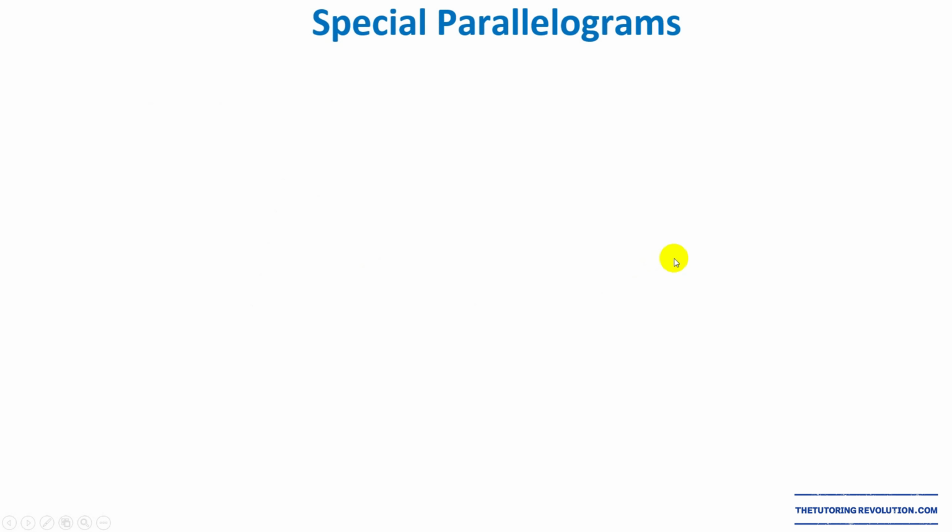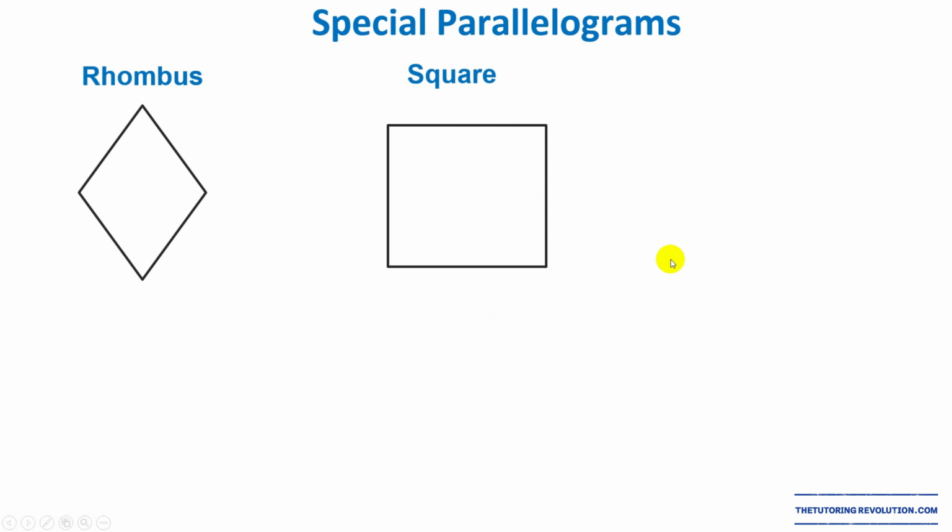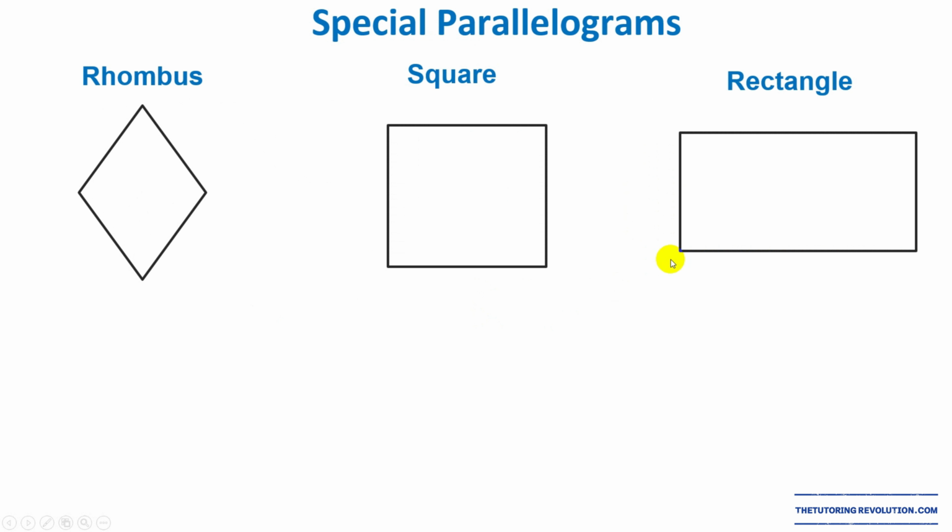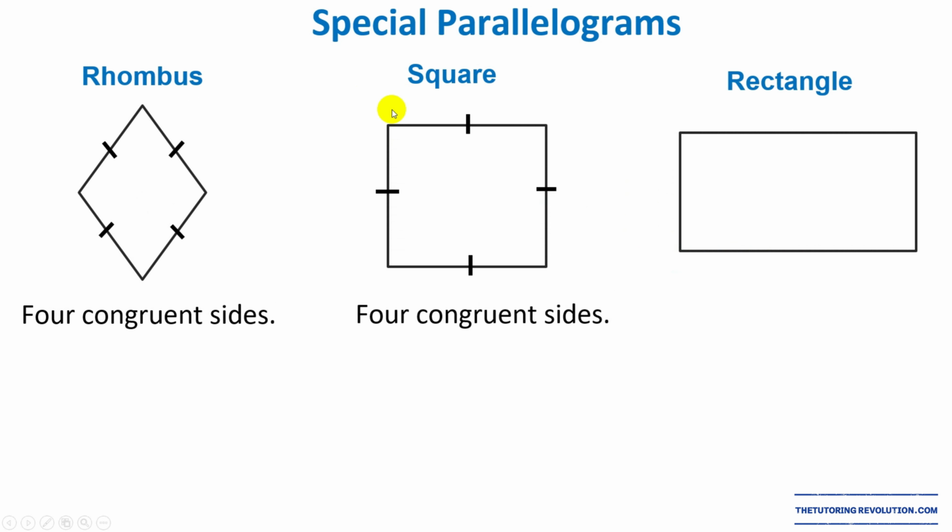Now, let's focus on the special parallelograms. The rhombus, the square, and the rectangle. The rhombus and the square both have 4 congruent sides, as we can see by the same tick marks here.